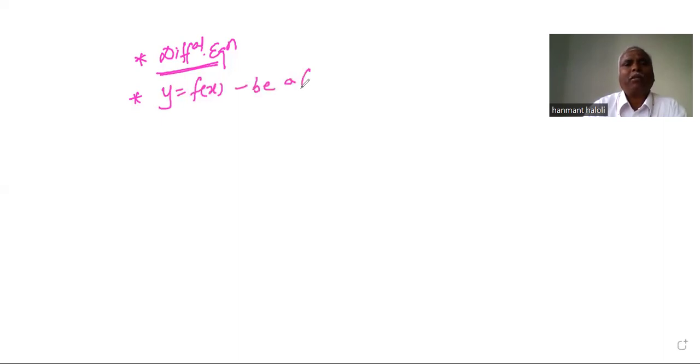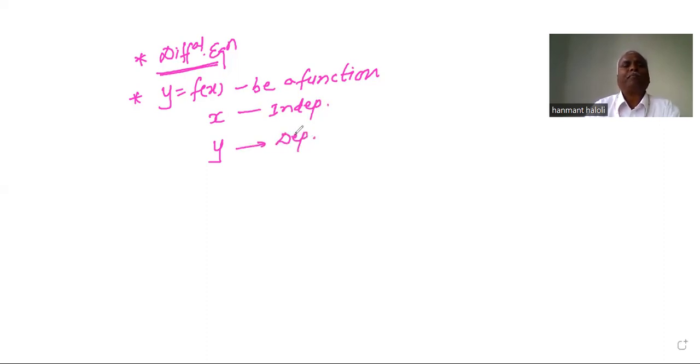Now, in this function, we have two variables, x and y. x is called the independent variable and y is called the dependent variable.